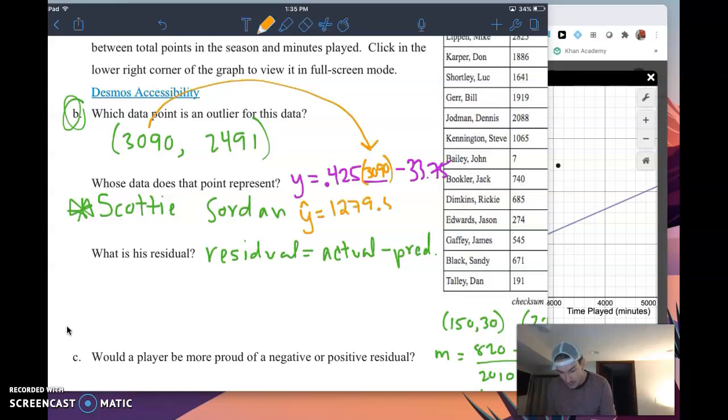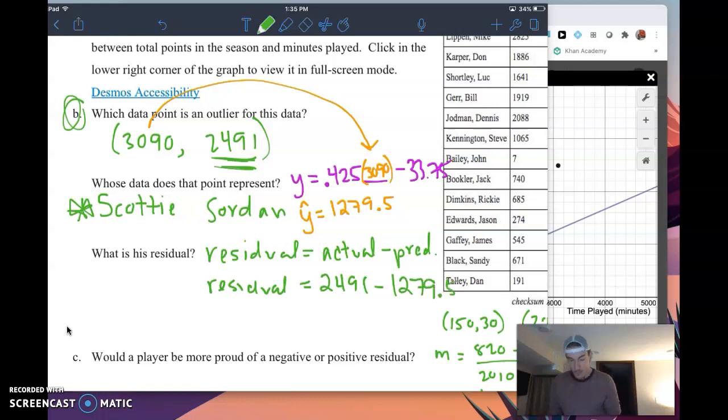It's not our actual. And we can go ahead then and we can say the residual for this player is going to be his actual value, his actual number of points scored, 2491 minus 1279.5. Now, one more time, I'm going to rely on a calculator to do this subtraction for me.